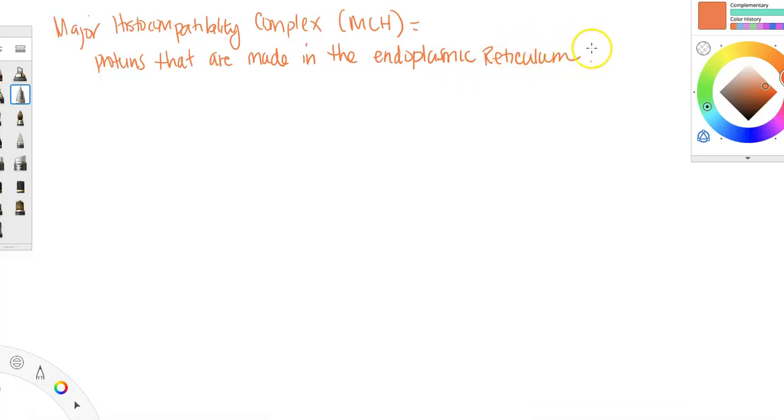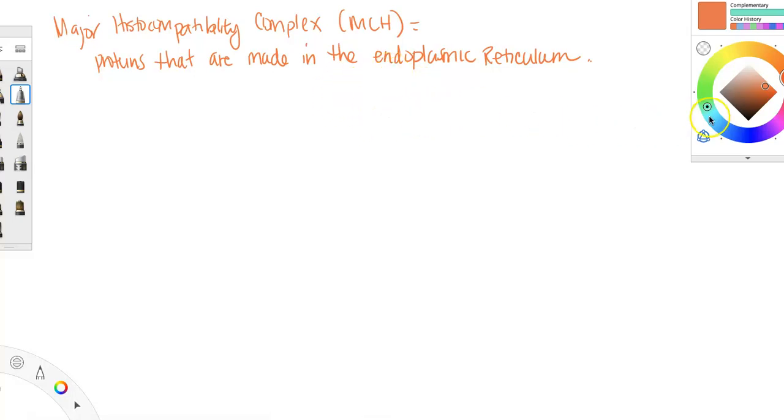If you think of the endoplasmic reticulum, you should remember that that's where proteins are formed together after being produced in the ribosome. So the protein will go into the endoplasmic reticulum and it will fold it and do whatever to it to put it in its functional form. So in the endoplasmic reticulum, that's where these MHC platforms are made.